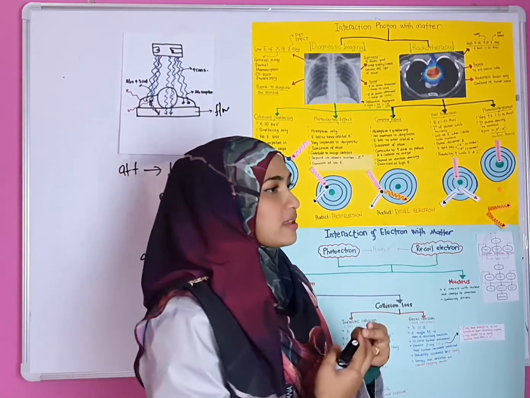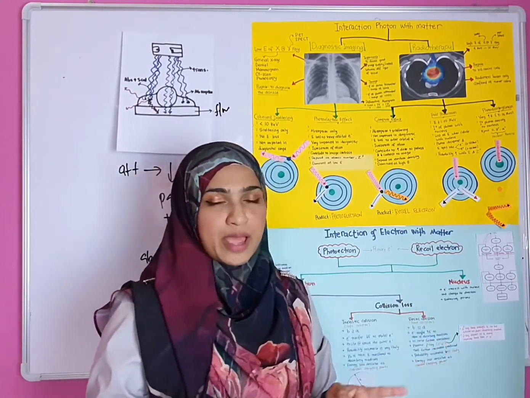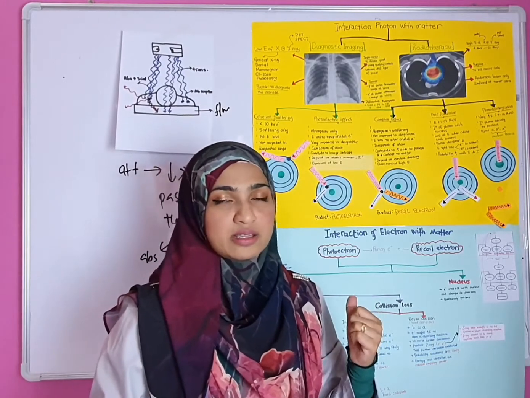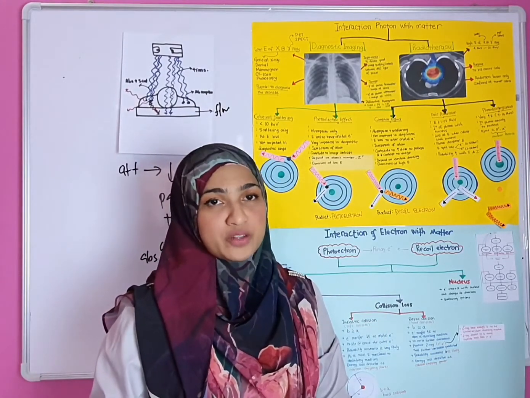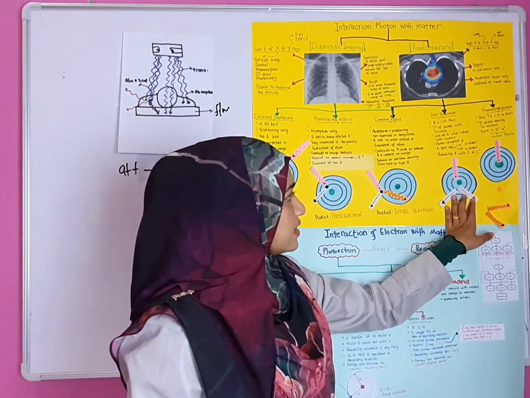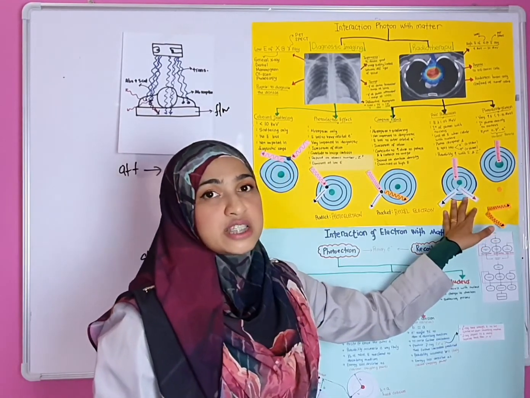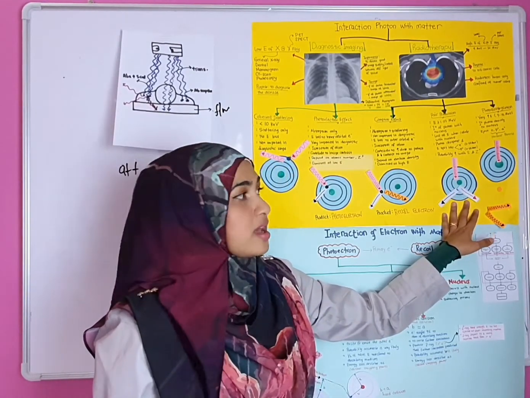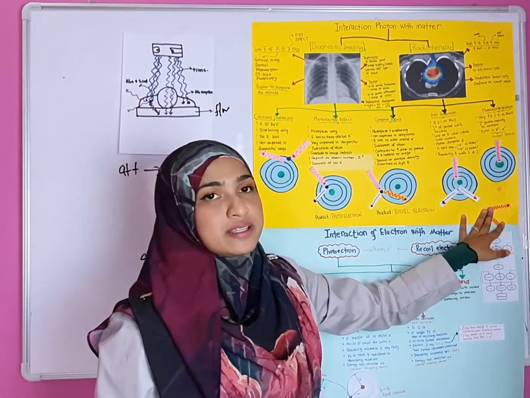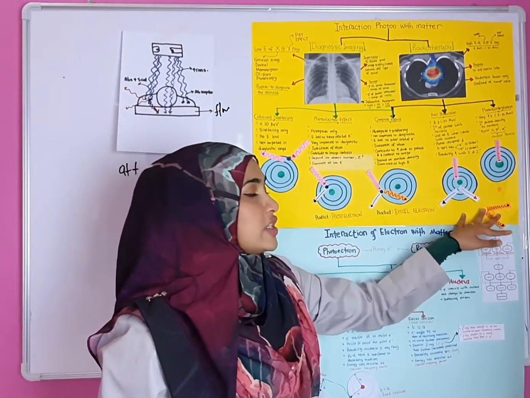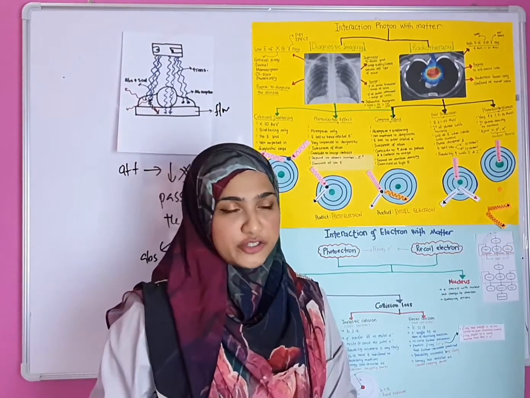It produces an ion pair, which is an electron and a positron. This positron will travel and collide with another electron, producing two identical photon beams. This interaction is known as annihilation.